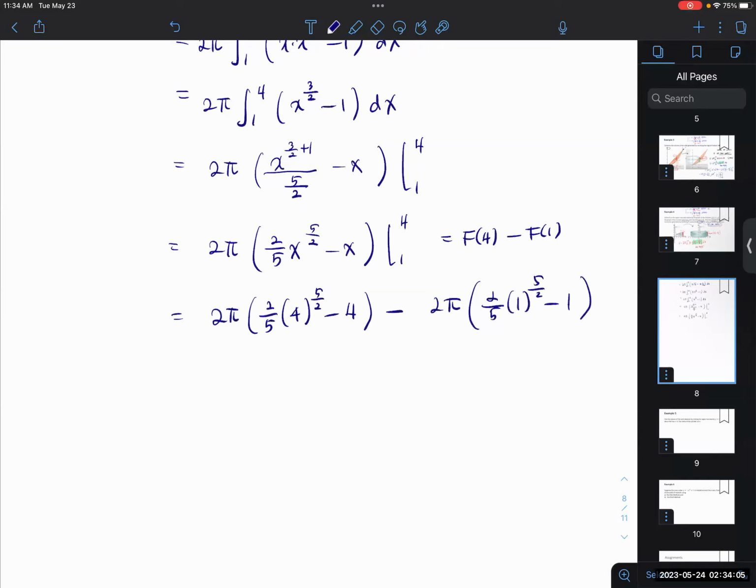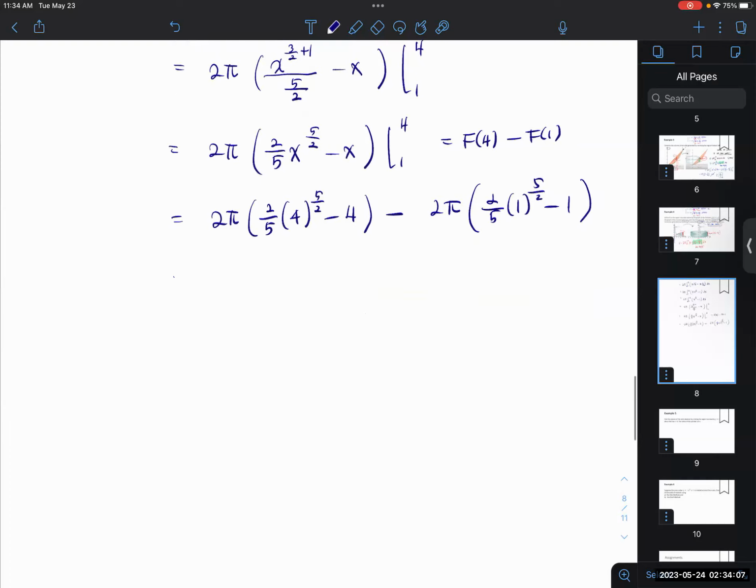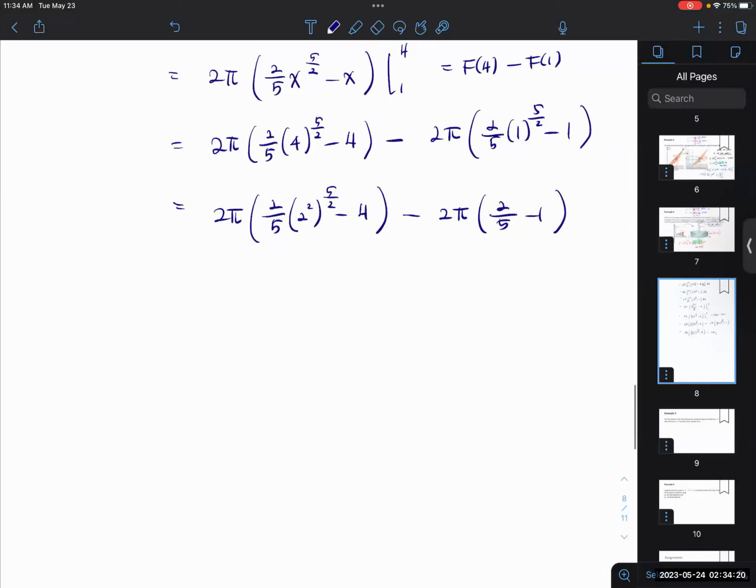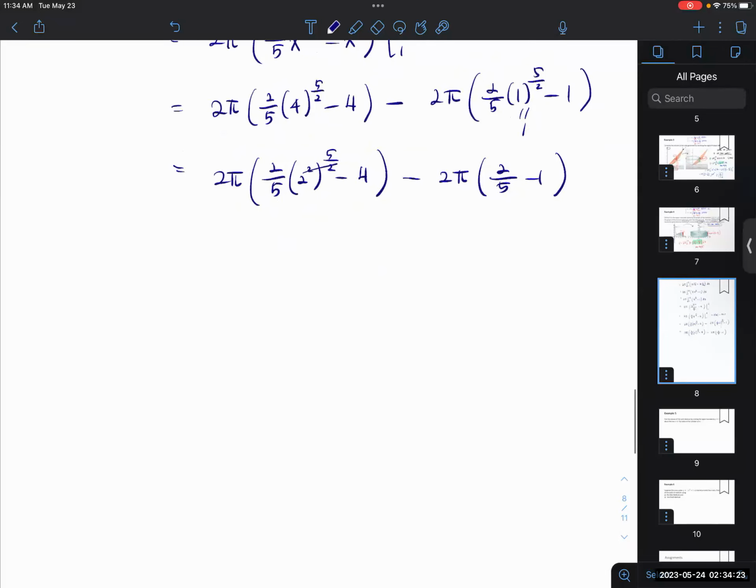So we're going to simplify 2π, 2/5. 4 is 2 squared, so 2 to the 5th, and whatever 1 to an exponent is, it's 1. So you're going to get this, because that is 1, and now they cancel. 2π, 2/5 times 2 to the 5th minus 4, minus 3/5.